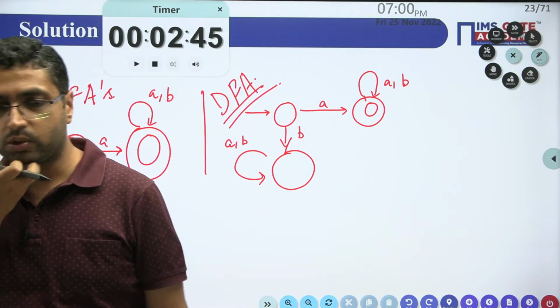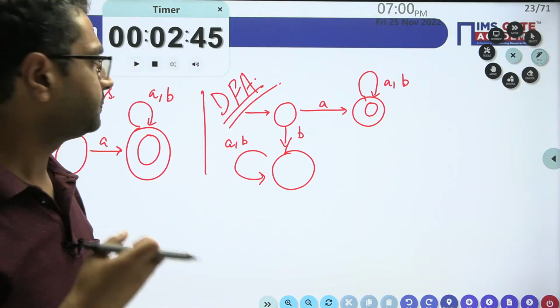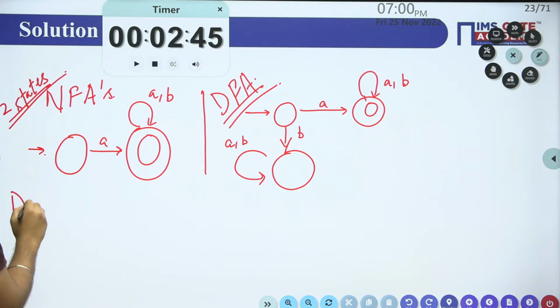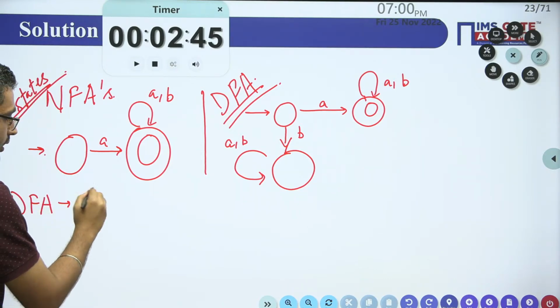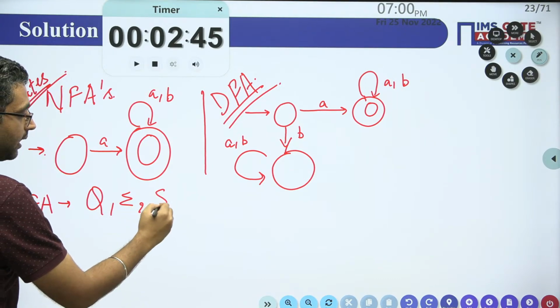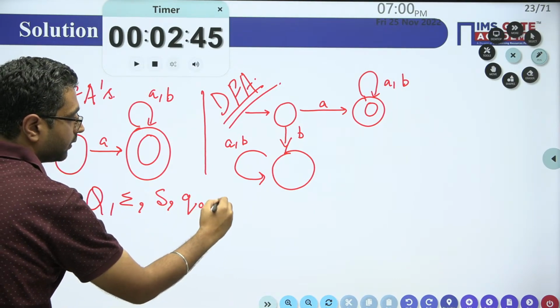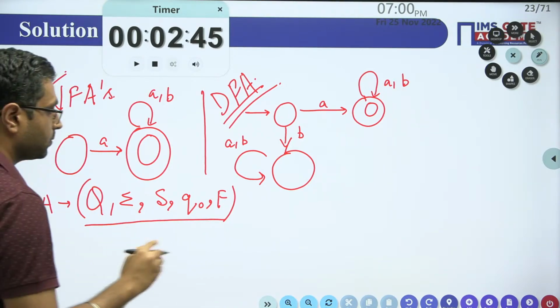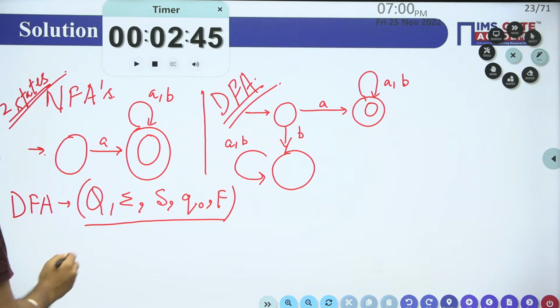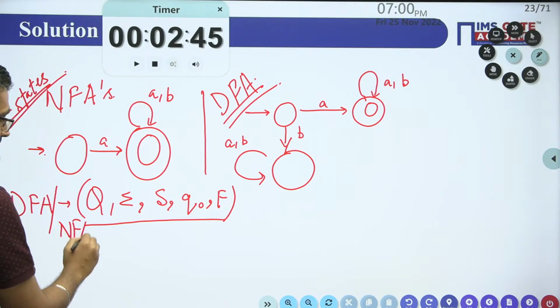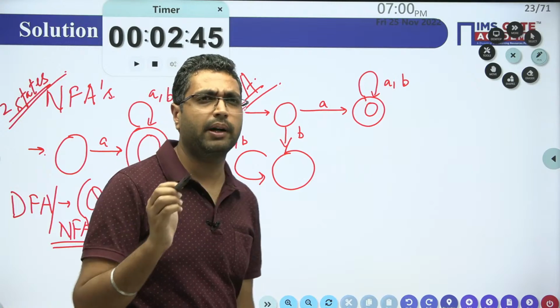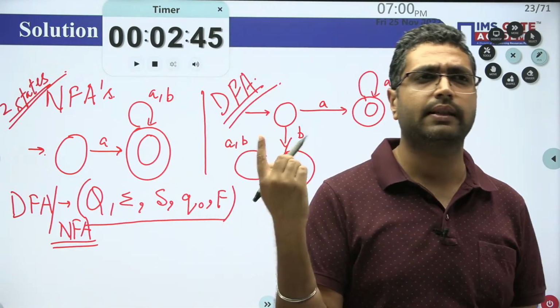So how do we define NFAs and DFAs? For the DFA, we have a 5-tuple which goes like Q, sigma, delta, Q naught and F. I'm giving the brief theory within 1 or 2 minutes so that you are able to solve all the questions properly. For NFA also the tuple remains the same. The only difference is what, guys? Can someone comment what the only difference is between NFA and DFA in this tuple?